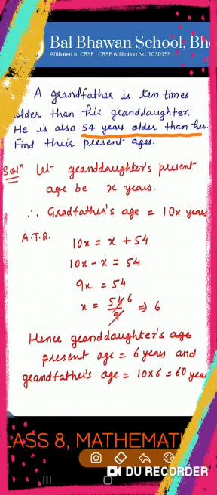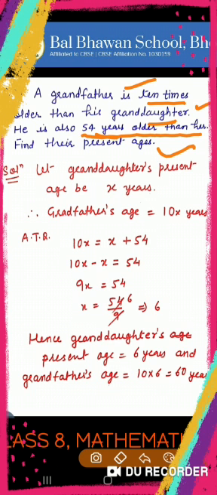In the first line, the grandfather is 10 times older than his granddaughter. In the second line, he is also 54 years older, which is in numbers. Then we have to find their present ages, the present age of granddaughter and grandfather. So let's start.